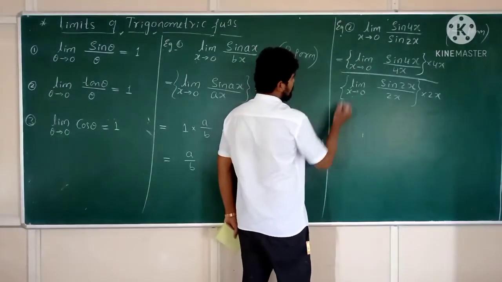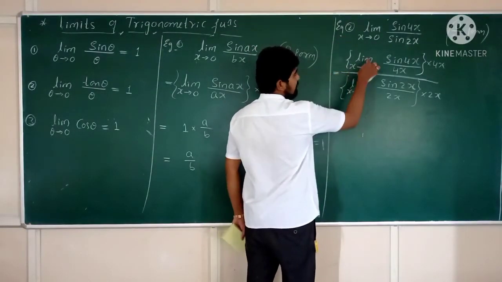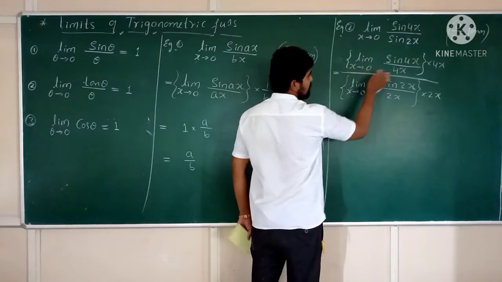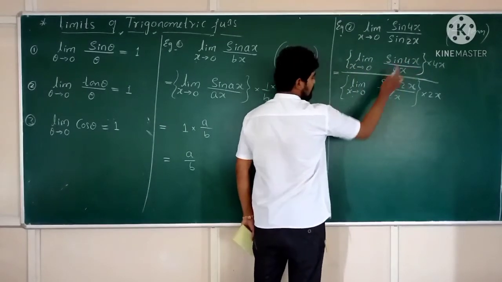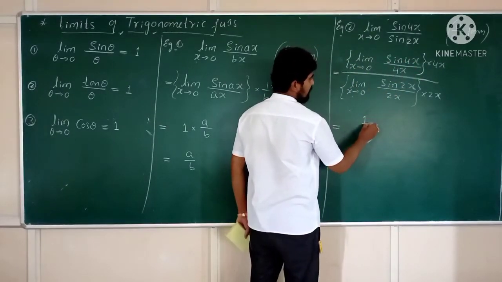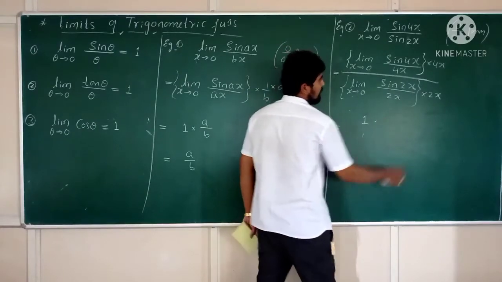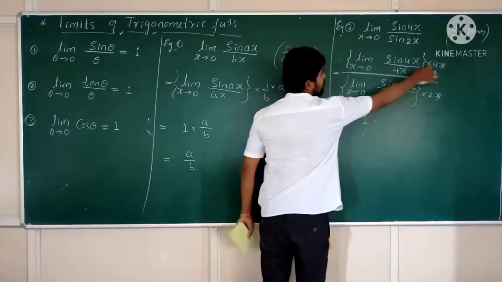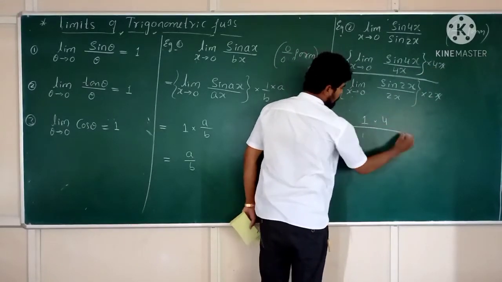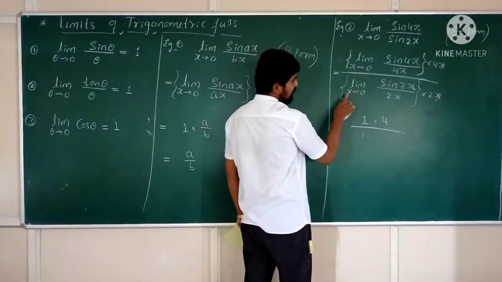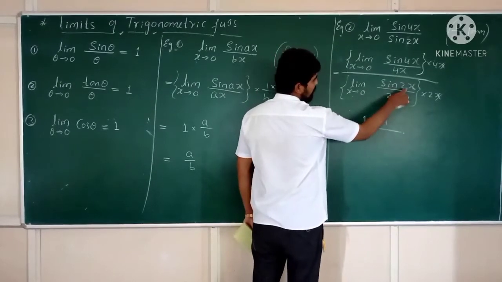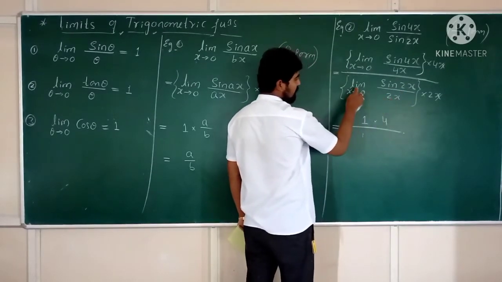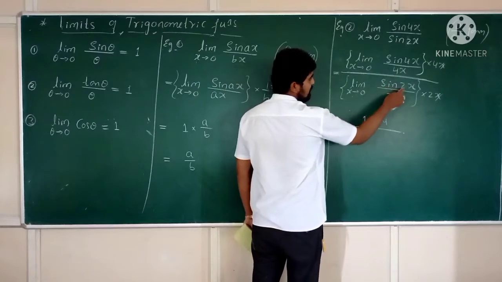Now, this is of the form limit theta tends to 0 sin theta by theta, which is equal to 1, into, here 4x divided by 2x, x and x get cancelled, into 4 divided by, here also limit x tends to 0 sin 2x divided by 2x is of the form limit theta tends to 0 sin theta by theta.